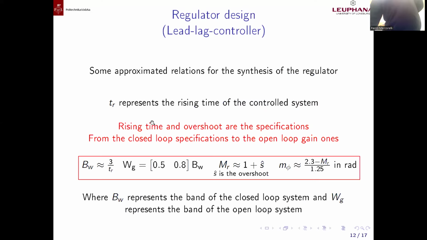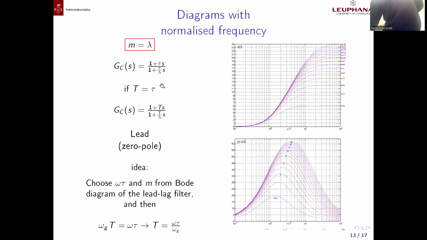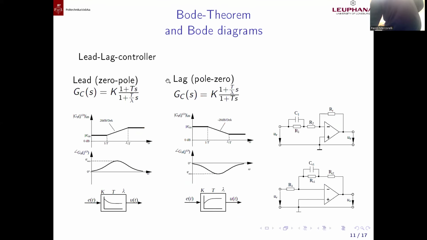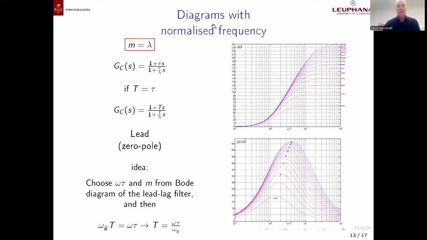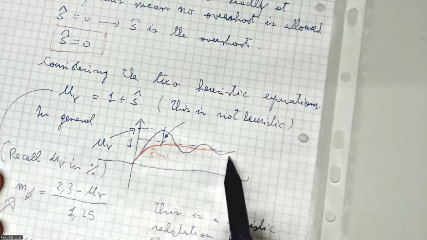Determine this basically consists of calculating tau, or the T in this literature, T or tau, and lambda, in order to brake, in order to slow down the system to avoid totally the overshoot, if this is required.